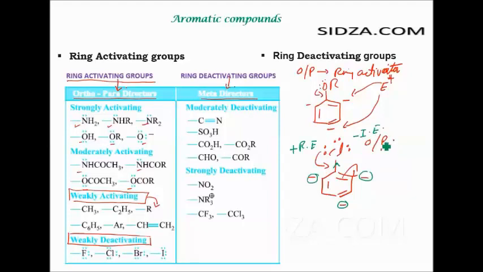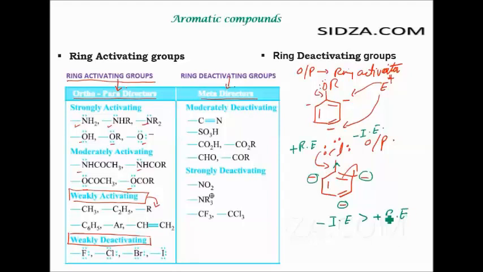So its overall effect is that it's a ring deactivating group. It withdraws electrons through the inductive effect, it provides electrons through the resonance effect, but its negative I effect is dominant over its plus resonance effect.